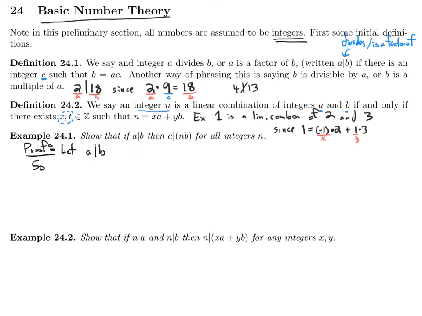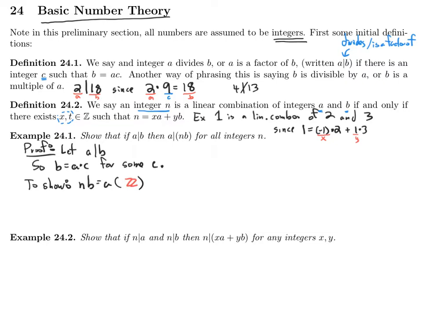That means b equals a times c for some integer c. That's what we know. And we need to show that a divides n times b, which means we need to show that n times b equals a times some integer.